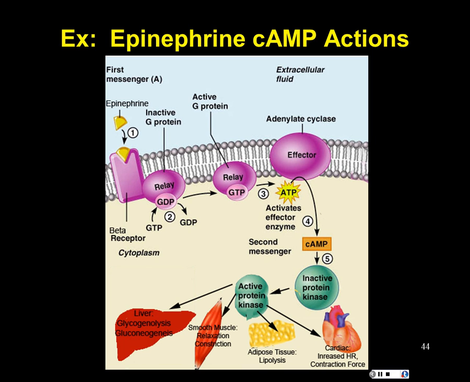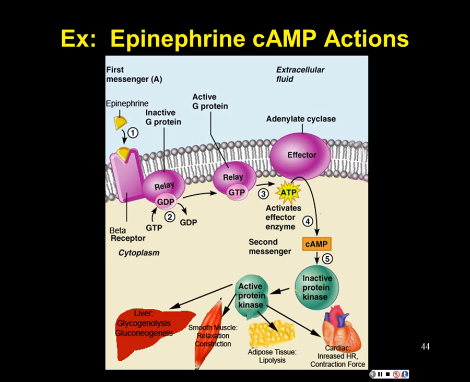If we look at epinephrine on our smooth muscle, we think about where the smooth muscle is, say in your esophagus or your blood vessels, right? Uterus, digestive system. We've got a whole bunch of diversity of smooth muscle in our body. And so therefore, depending on where the organ is and where the smooth muscle is, the smooth muscle may relax under the influence of epinephrine, or in another tissue, the smooth muscle will constrict, or contract.